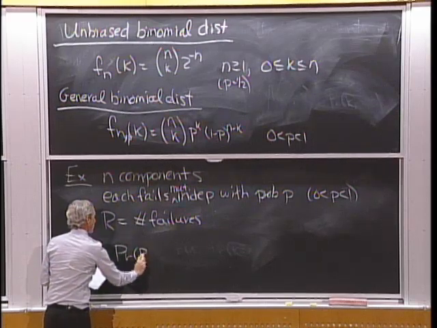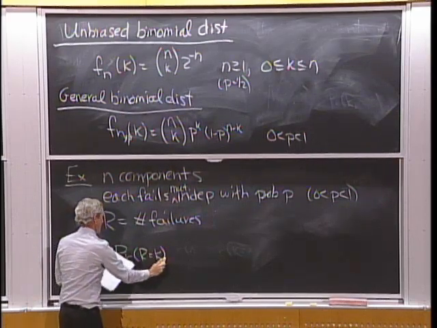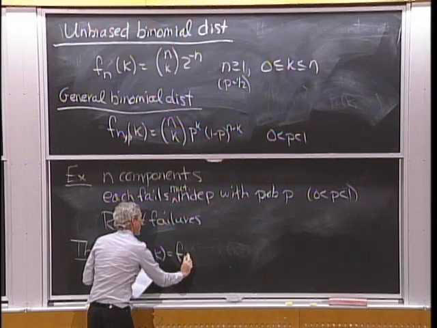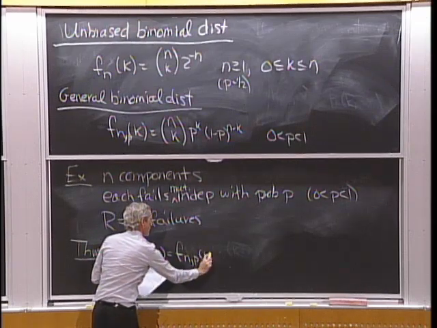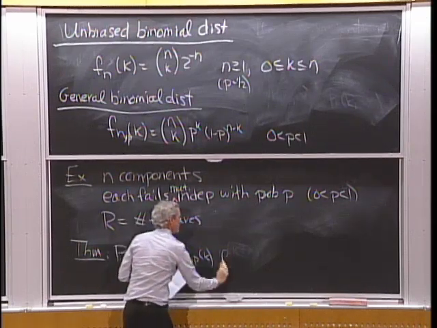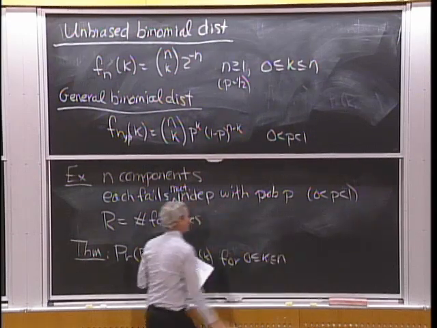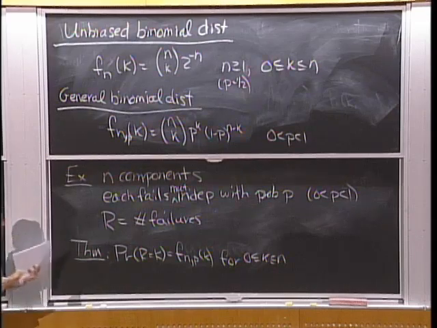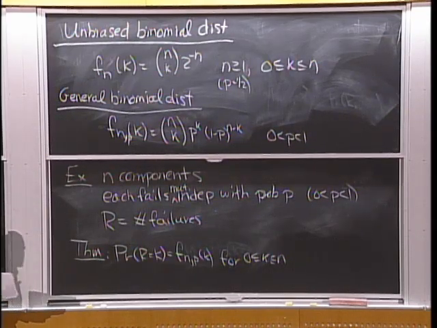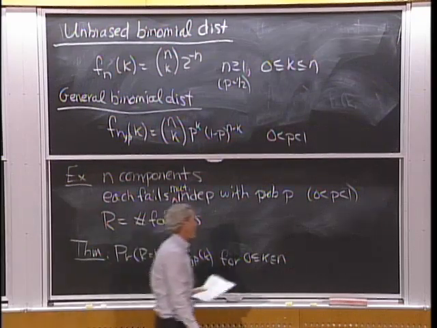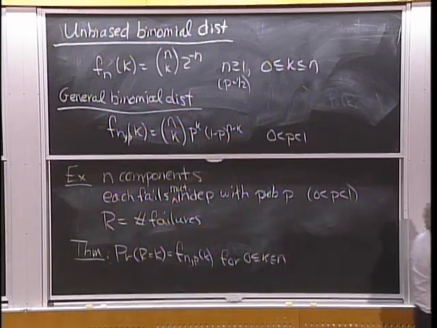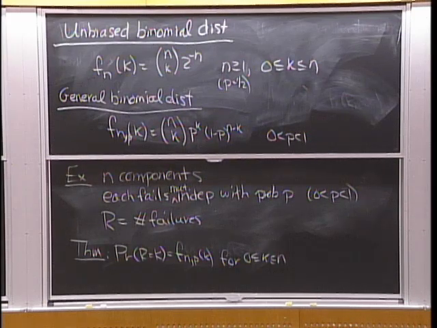The probability that r equals k is simply F_n,p of k for any k. So the general binomial distribution gives you the distribution on the number of failures in a system with n components where they fail with probability p. So let's prove that.